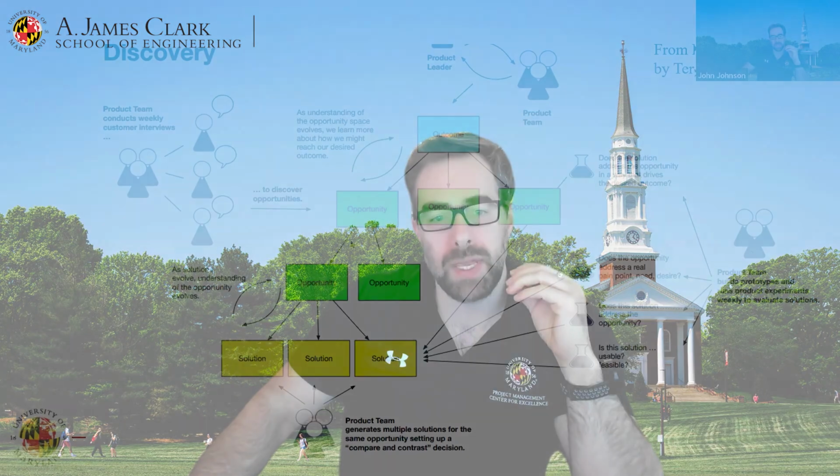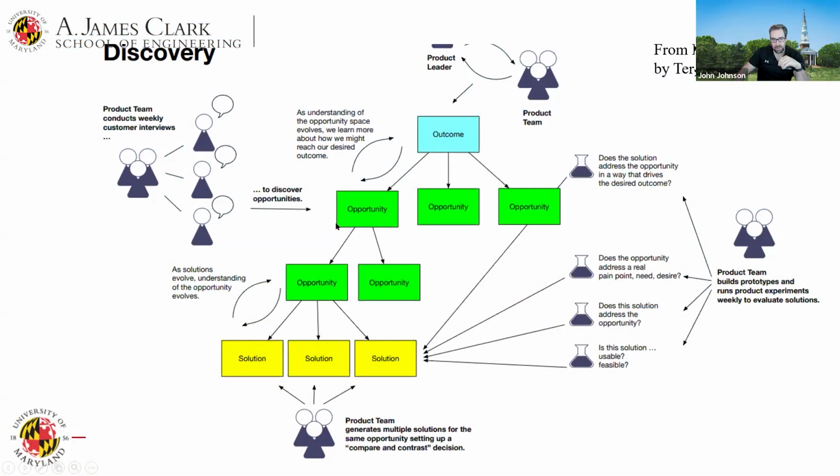So as you meet with customers weekly and interview them, you'll identify new opportunities. As solutions evolve, your understanding of the opportunity also evolves, and you can then develop out prototypes and other experiments to evaluate potential solutions and to see if they're worth taking forward.